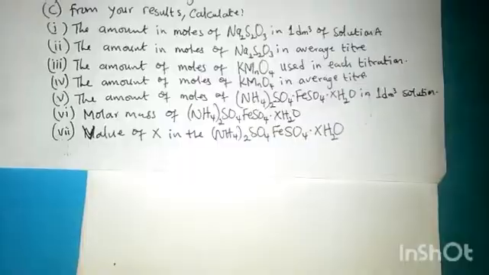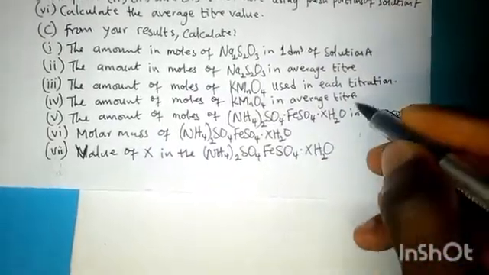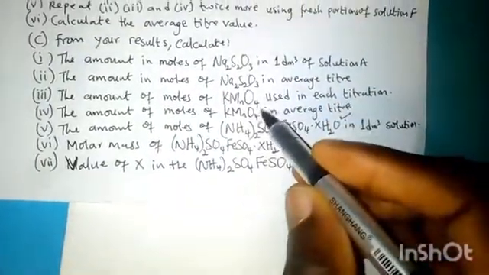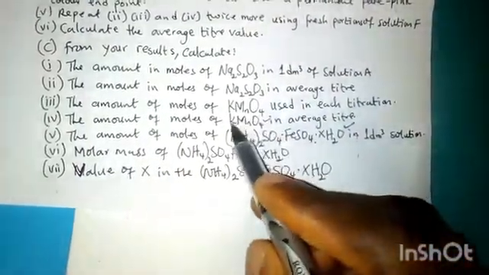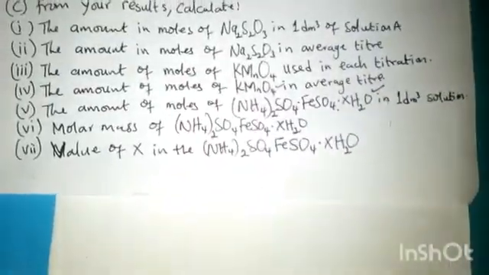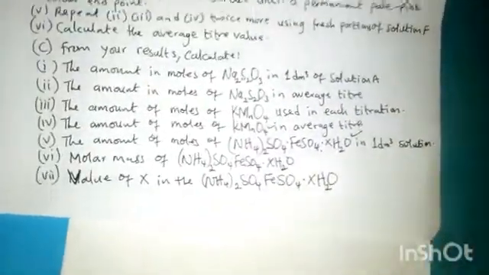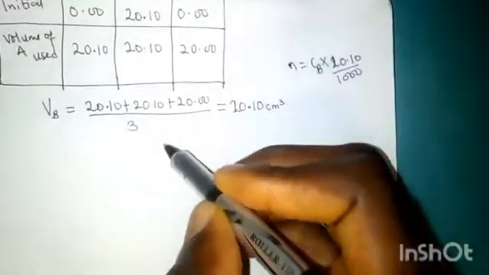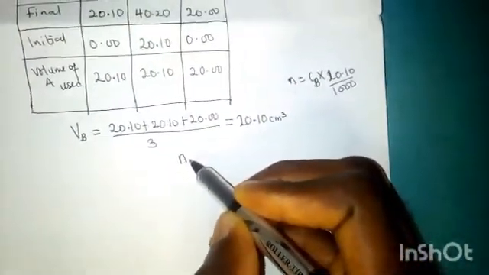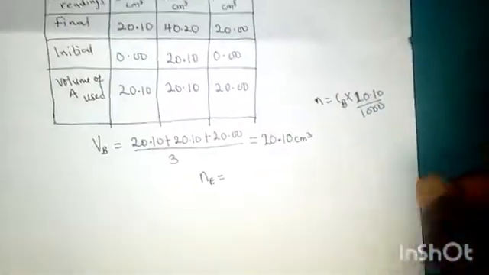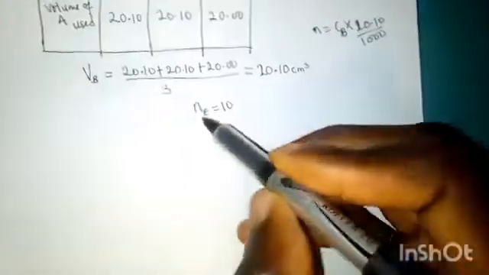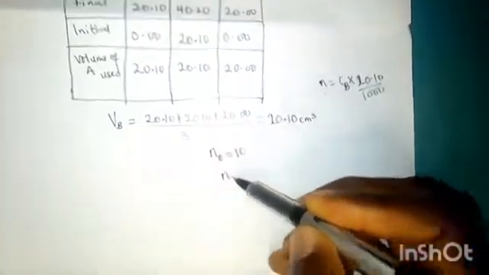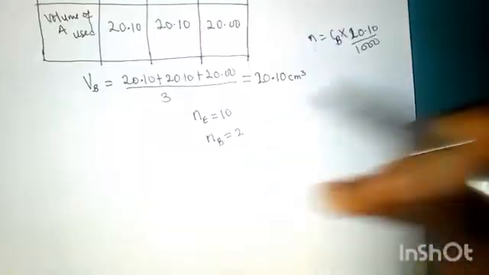Now from the balanced equation of the reaction between this and KMnO4, we get the number of moles of these to be 10 and the number of moles of KMnO4 to be 2. So which means in this reaction, NE, which is the complex salt, is going to be 10 if you write the balanced equation, then NB is going to be 2. So we'll start the calculation now.